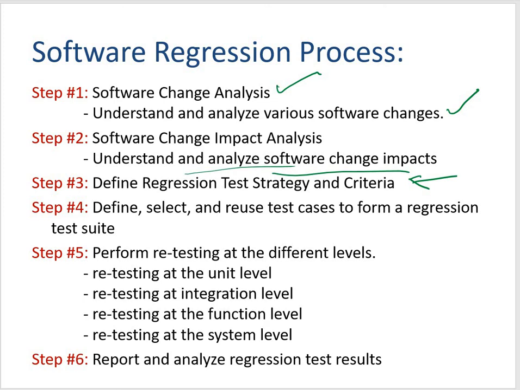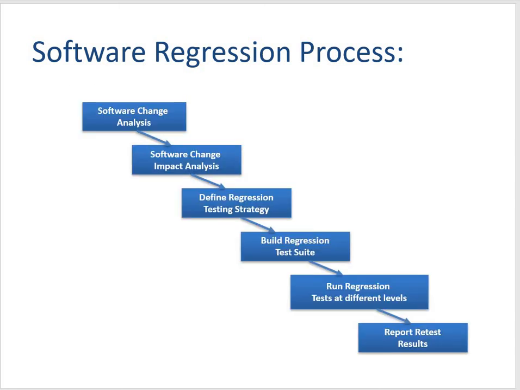Then we define, select and reuse test cases to form a regression test suite. We perform retest at different levels: at unit level, at integration level, at function level, and at system level. Then we report and analyze the regression test results as well.